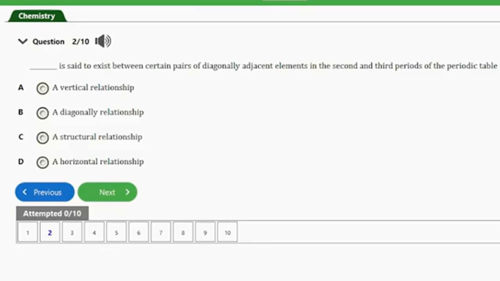A, vertical relationship, B, a diagonal relationship, C, a structural relationship, D, a horizontal relationship. So guys, the answer to this question is option B, and that's a diagonal relationship. A diagonal relationship actually exists between certain pairs of diagonally adjacent elements in the periodic table, in the second and third groups of the periodic table.